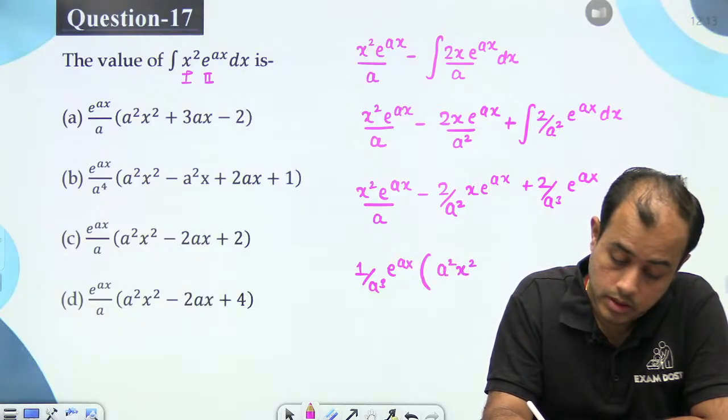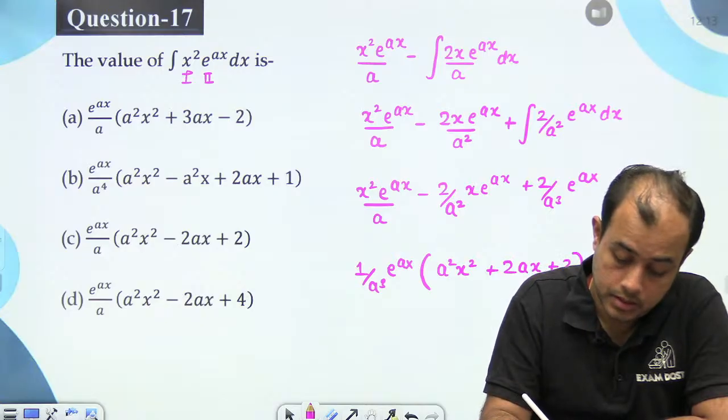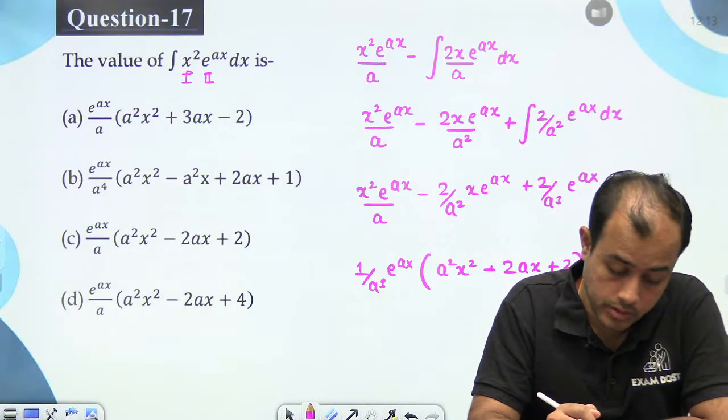A square x square plus 2ax plus 2. Sorry, minus 2x. A square x square minus 2ax plus 2.